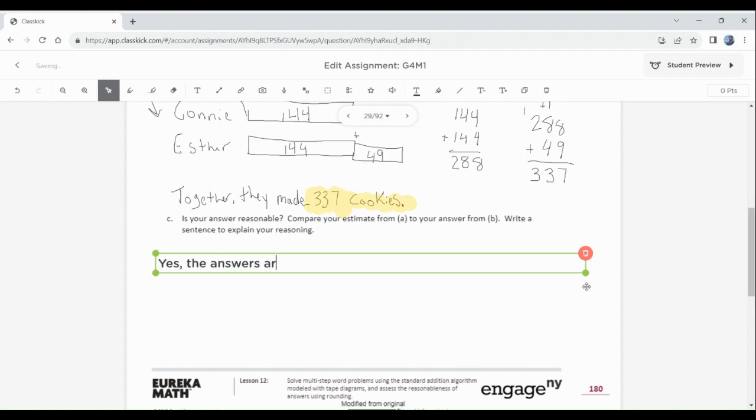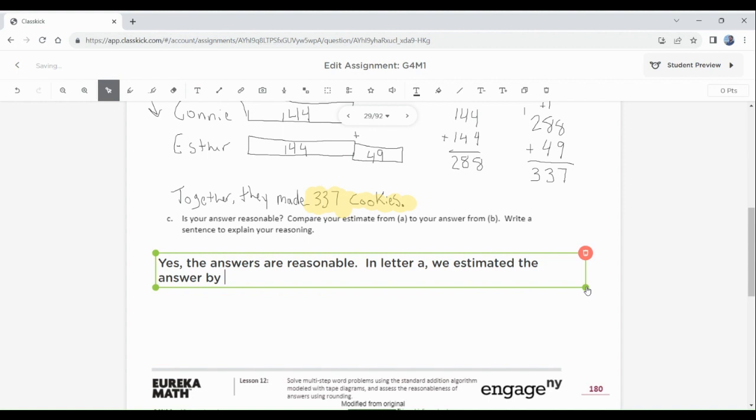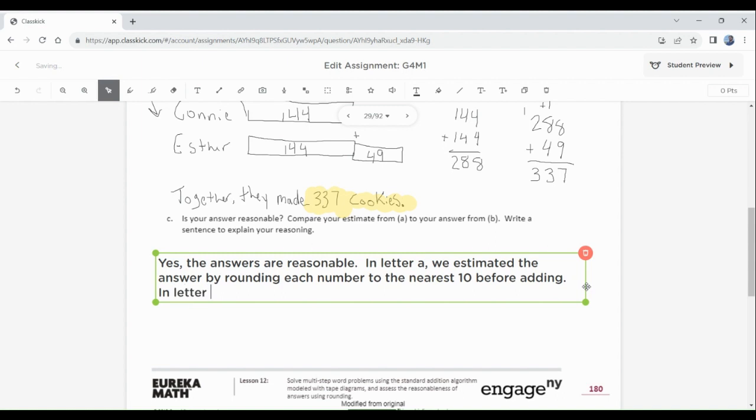Answers are reasonable. In letter A, we estimated our answer by rounding each number to the nearest 10 before adding. In letter B, we did not round.